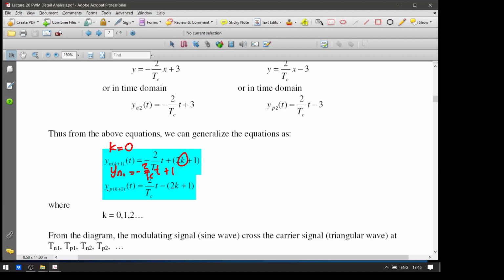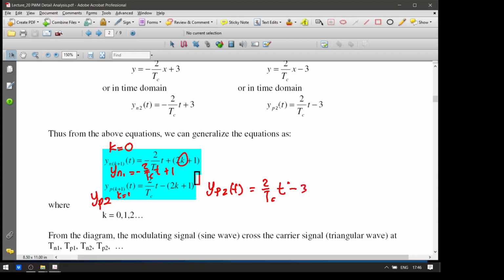And if you want to have the second positive slope, yP2 for example, k should be equal to 1, isn't it? So if you replace that, because k equals 1, you get yP2 equals 2 over Tc t minus 2 multiplied by 1, 2 plus 1, minus 3.